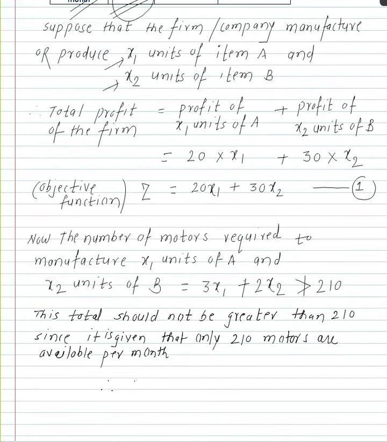So therefore, this total 3x1 plus 2x2 is not greater than 210. It means it is less than or equal to 210. This is the first constraint we have constructed on motors.